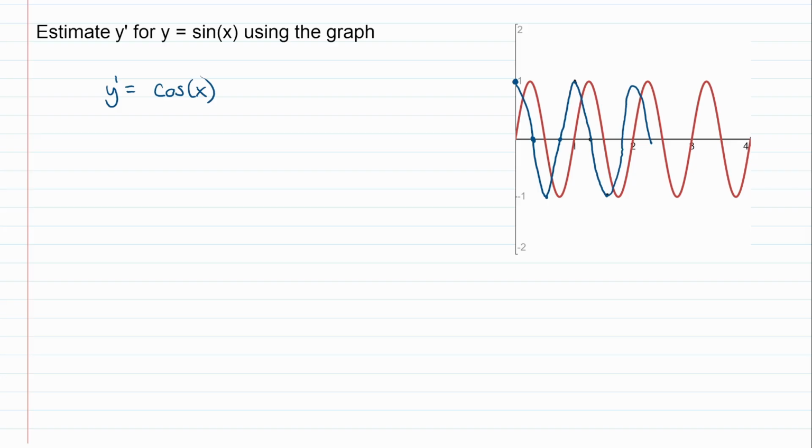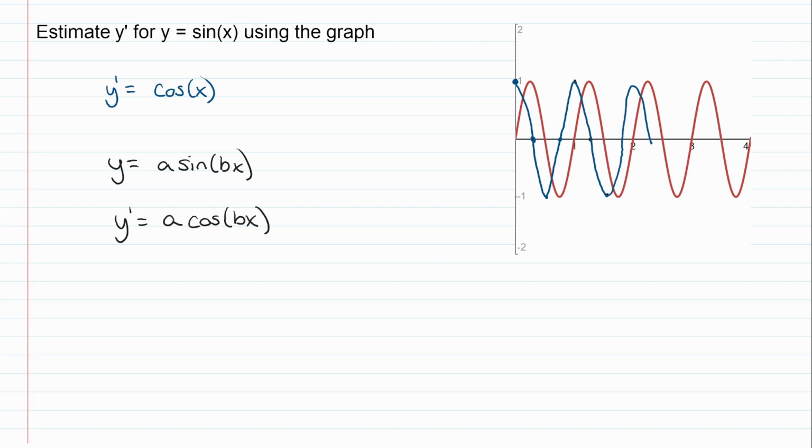The other generic rule is that if you have y equal to a sine of bx, so you have a coefficient out in front, but you also have a coefficient inside of that sine term, the derivative of this will have the a carry on the outside. It's going to be cosine of bx.